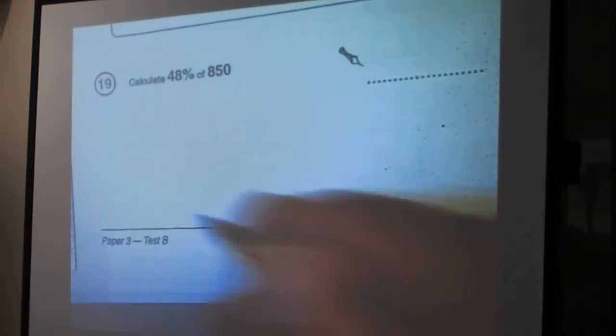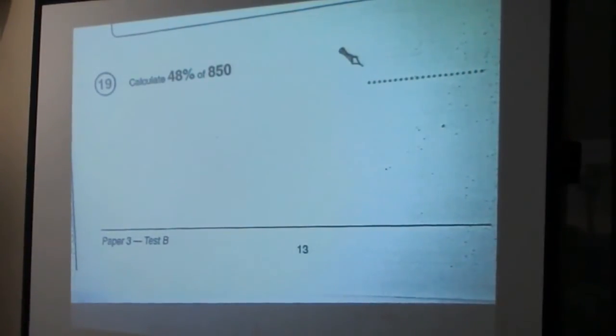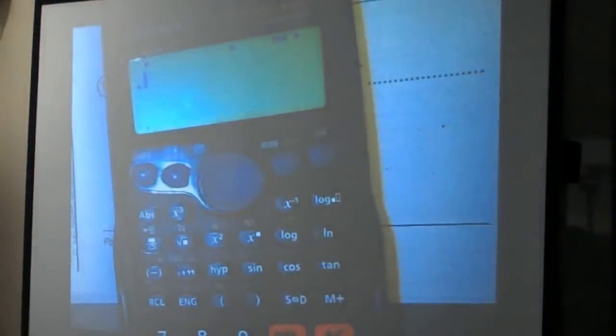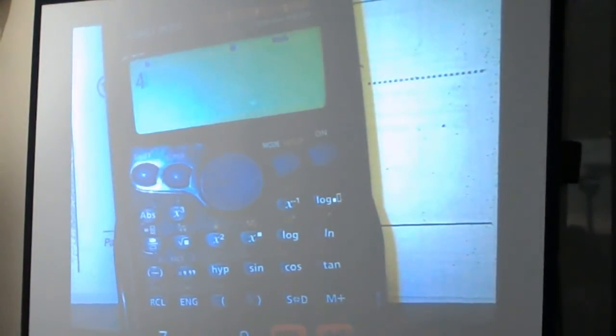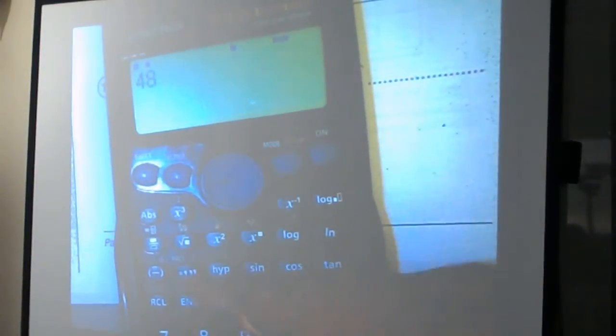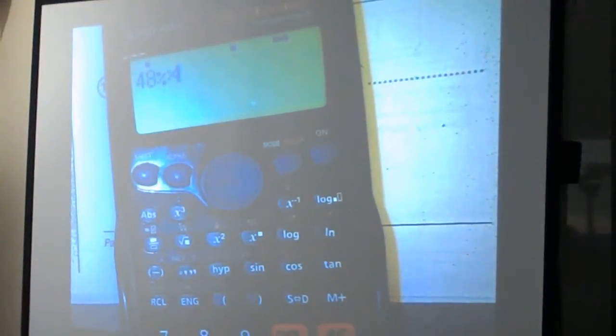Okay, keep an eye on the time, folks. Time on the bottom. 3 minutes. Okay. 48% of 850. How do we work out 48% of 850, folks? What do we do? 48 percent, times by what was the number? 850.